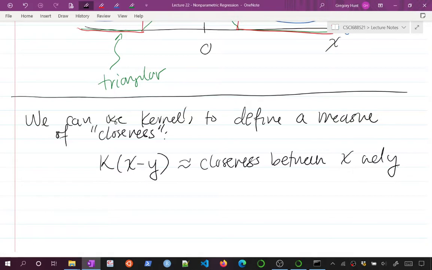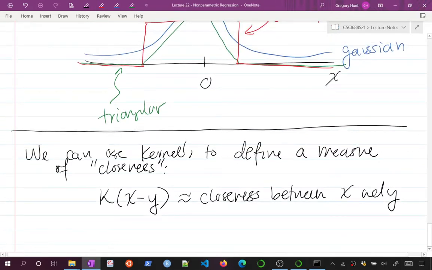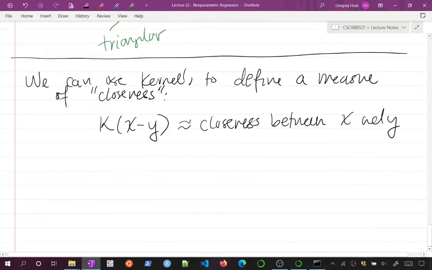So if I were to choose k to be, well, you should be able to make the Euclidean distance out of this, right?